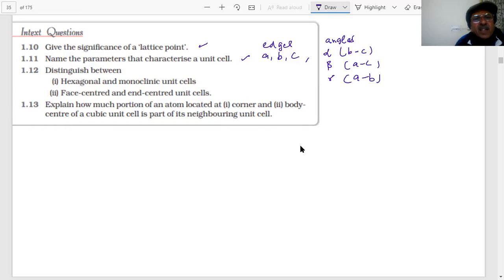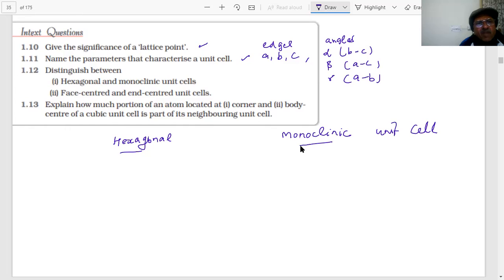Distinguish between hexagonal and monoclinic unit cells. Now the question comes, how will you distinguish? Give me the parameters.